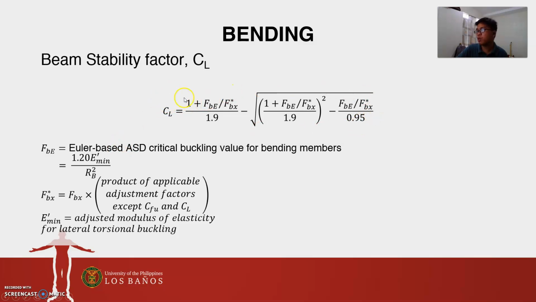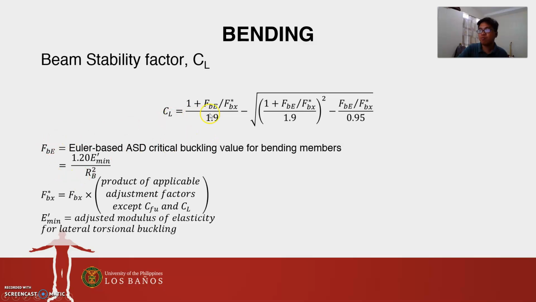But we also need to find FB star. And what is FB star? We have here FB times the product of applicable adjustment factors except CFU and CL. Remember the different adjustment factors applicable for FB, so we will use that, except for CFU and CL, and then multiply that with FB, and then we have FB star.